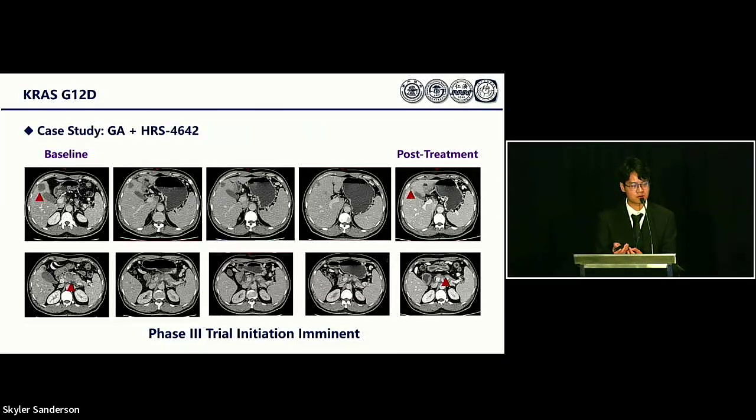And this is a typical case, and we can see that the lesions located in the liver and the pancreas both shrank after the treatment. So based on the results of this clinical trial, a phase 3 trial has been initiated. Overall, targeting KRAS G12D is still a priority and warrants more exploration.